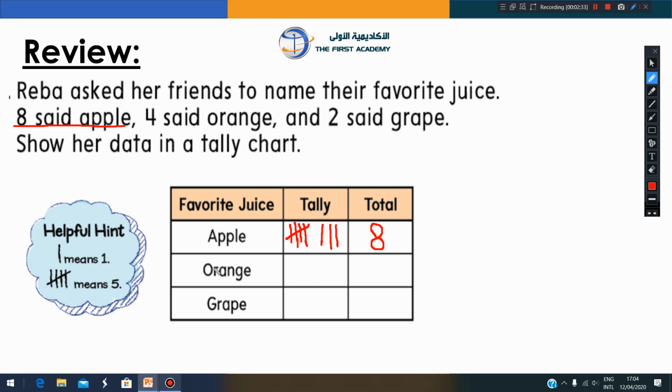And then we go for the orange. 4 said orange. 1, 2, 3, 4. And lastly, 2 said grape. So this is the data that we have, and we make this chart using the data that we have already.